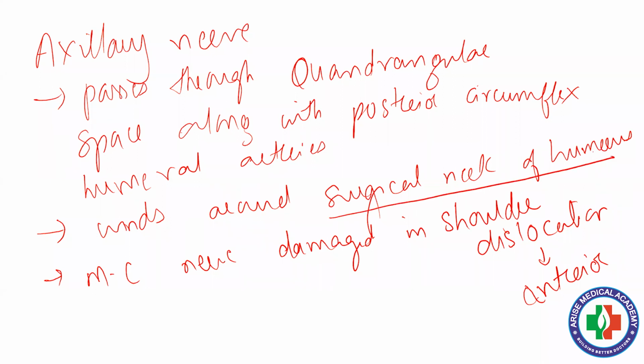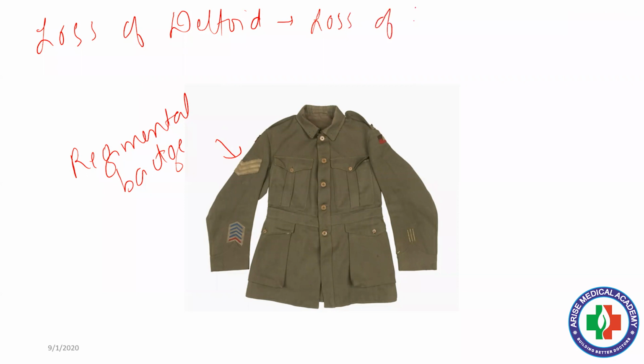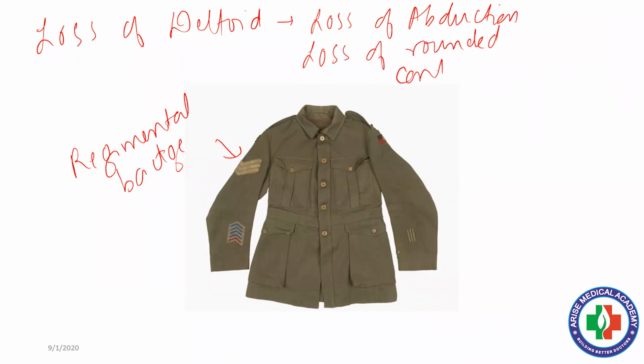Again, clinically important: surgical neck of humerus fractures and shoulder dislocation can be given. The clinical scenario will tell you the patient has loss of deltoid function. Instead of saying the deltoid is paralyzed, they will say the patient has loss of abduction, loss of rounded contour of the shoulder, loss of sensation on the skin over the lower aspect of the deltoid.